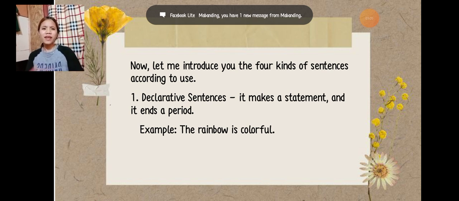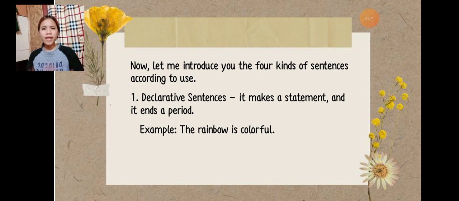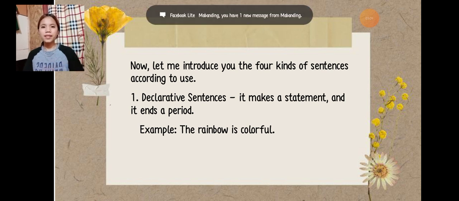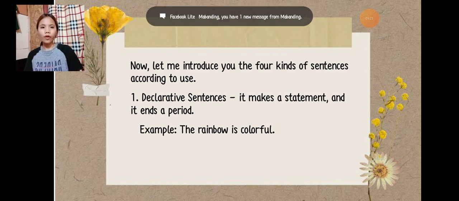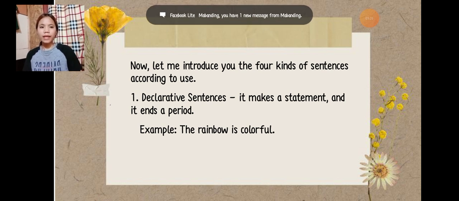When we say declarative sentences, it makes a statement or an opinion, and it ends with a period. An example of a declarative sentence is: the rainbow is colorful. It makes a statement and it ends with a period.